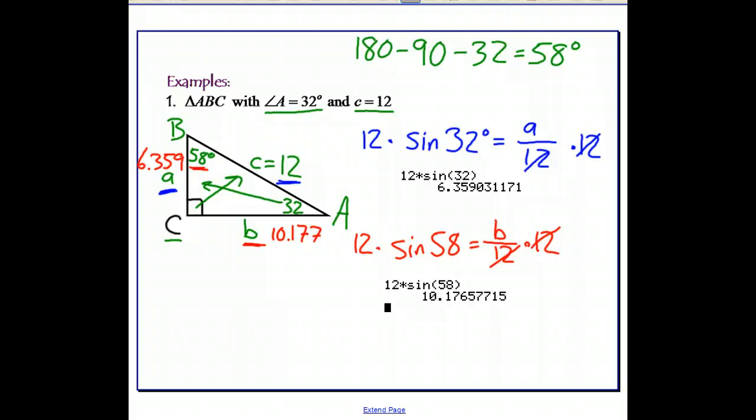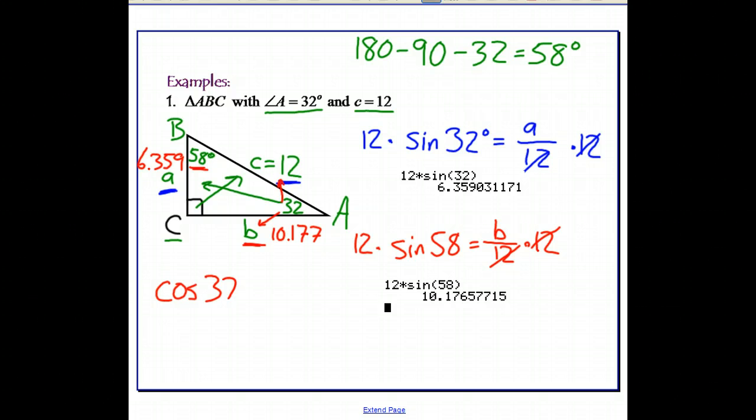Now perhaps some of you noticed, hey, Mr. Lang, perhaps we could have used something other than sine. And I would say that is exactly right. If you'll notice at the beginning of this, we're not given angle B. We still could have solved for side b though, because we know angle A. So which function uses the adjacent side and the hypotenuse? That would be our cosine.